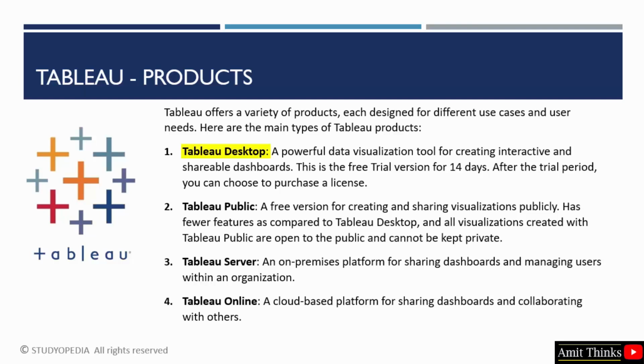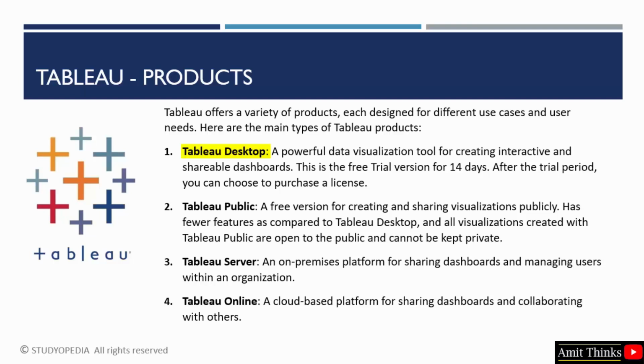The first one is Tableau Desktop. It is used to visualize your data so that you can easily create different charts, graphs, and later on reports and dashboards. It comes with a trial version of 14 days. So easily use Tableau for 14 days and later on you need to purchase the license. In this tutorial we'll be covering the Tableau Desktop version.